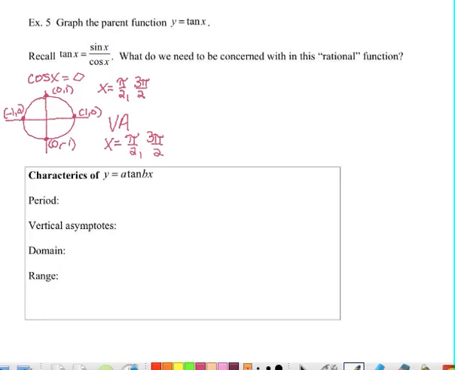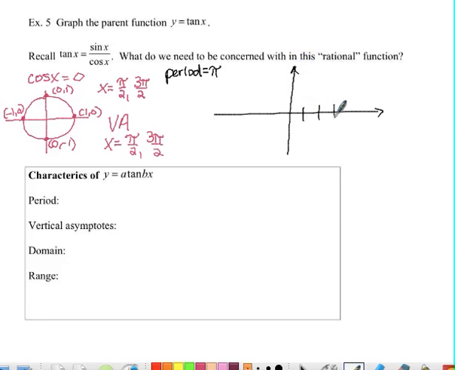So what we're going to do, and the other thing I need to tell you, is that the period length of tangent is pi. Remember what we learned yesterday, the sine function and cosine function have parent functions with a period of 2 pi. So tangent is just pi, but we're going to use the same process we did.